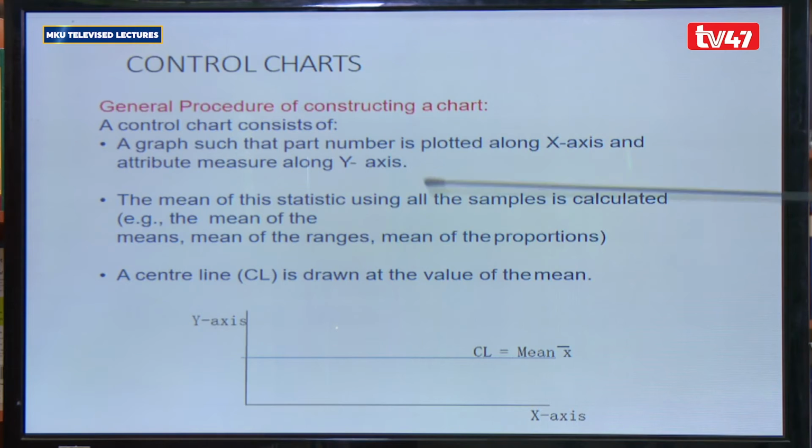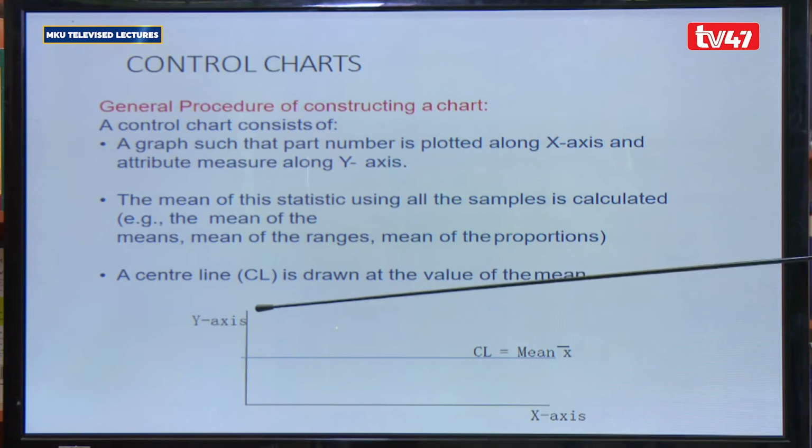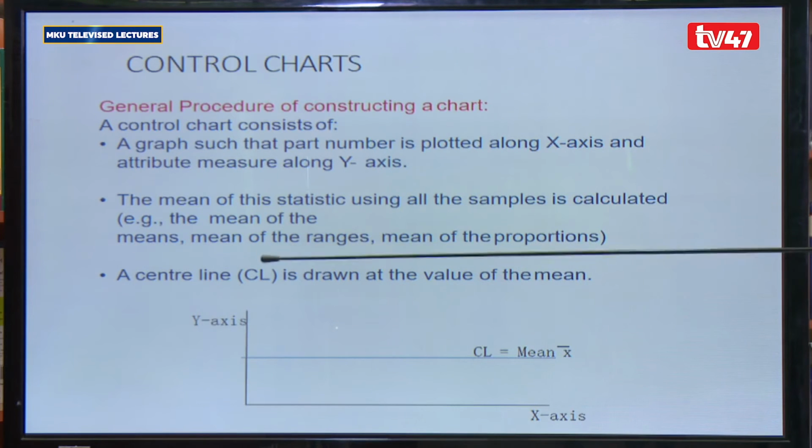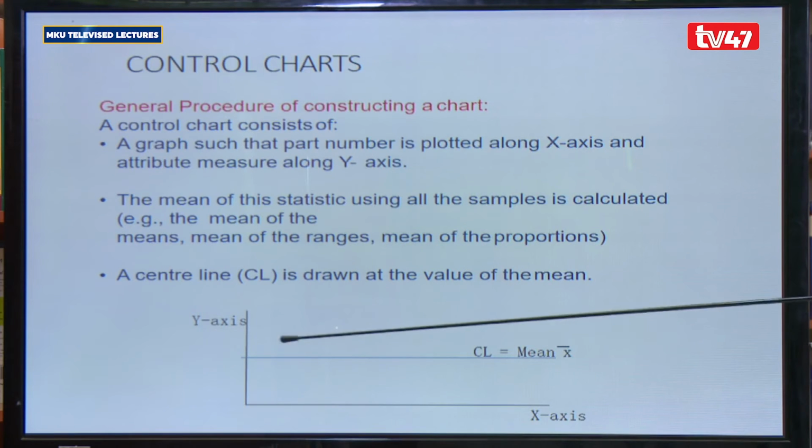So control charts, we saw that a control chart will involve the Cartesian plane. Here we have the y-axis and the x-axis. Then here we have the center line, which we called the mean of sample means, or simply the average.